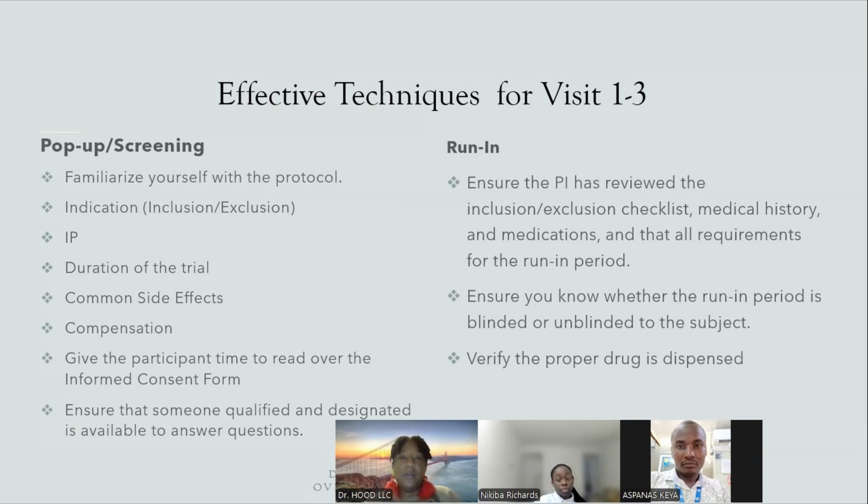Now, what I used to do, and it was based on what the doctor had indicated, I used to go through my principal investigator's schedule, and if I saw that there was a potential person in the upcoming visits that can possibly be good for the study, I would email them the consent form, introduce myself.